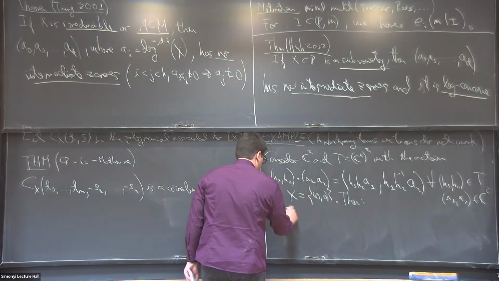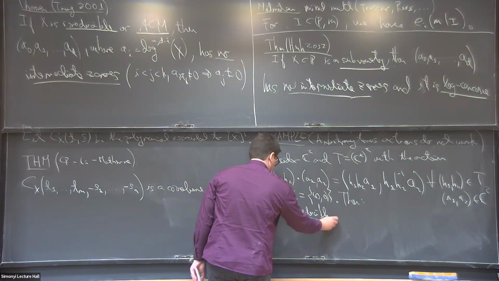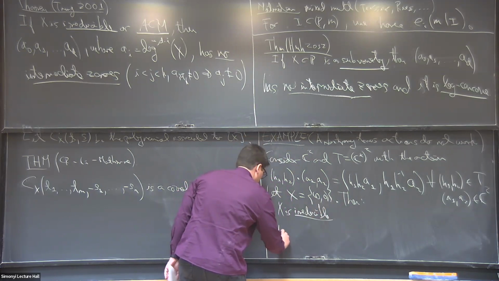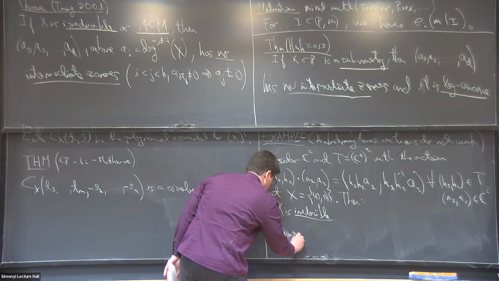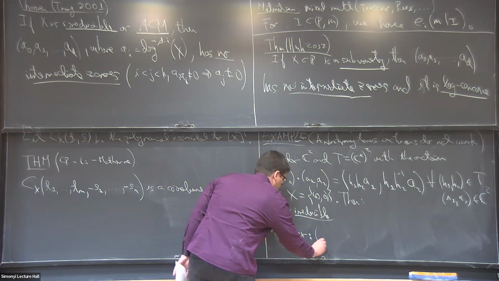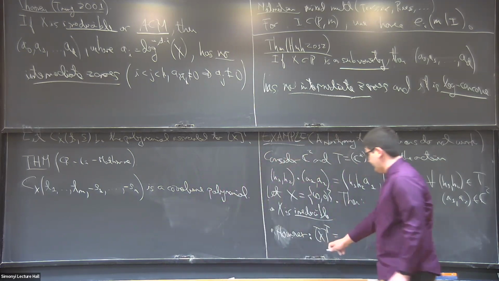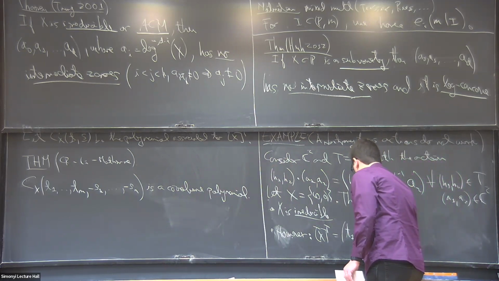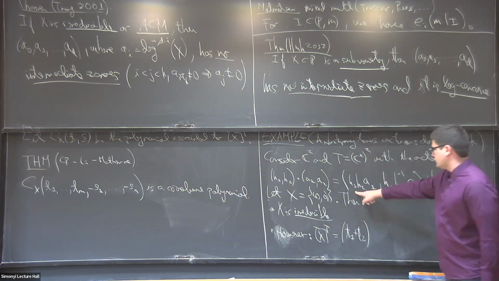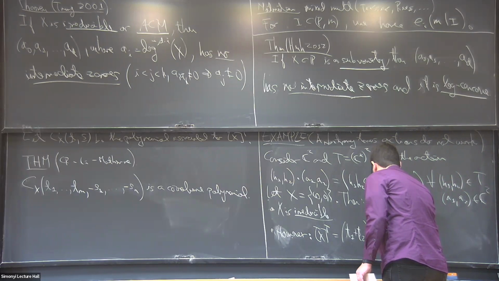Of course, X is irreducible. However, we can compute that the class in this case will be (t1 + t2), corresponding to the weights that we have here, times (t1 − t2).